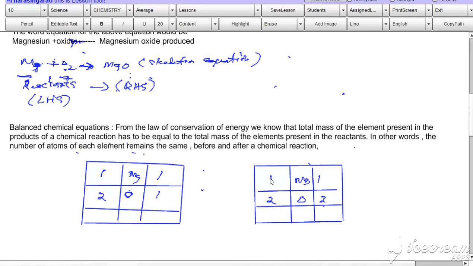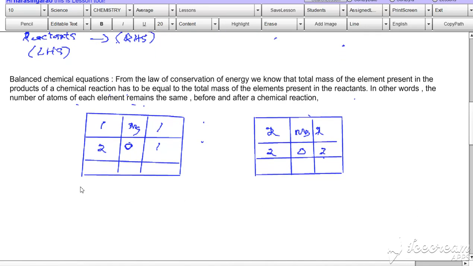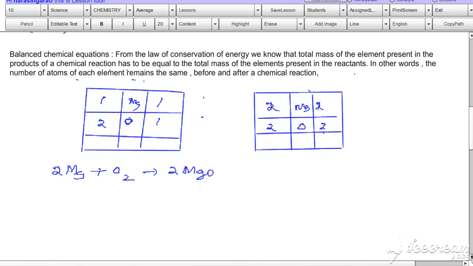So make it 2 here and also 2 here. So the final equation we can write as 2Mg plus O2 gives you 2MgO. Students, there is another way of understanding this balanced equation, a very simple way.